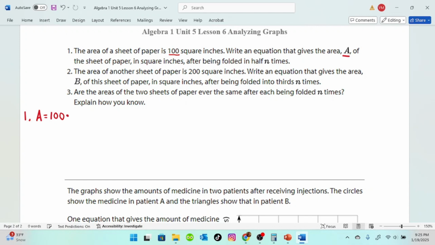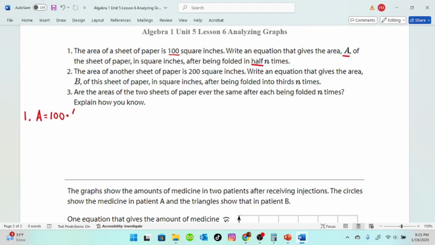Now we need to know what the growth factor is that we're going to multiply by. And here it tells us it's being folded in half. So if a paper is folded in half, it has 1/2 of its area remaining each time it's folded.